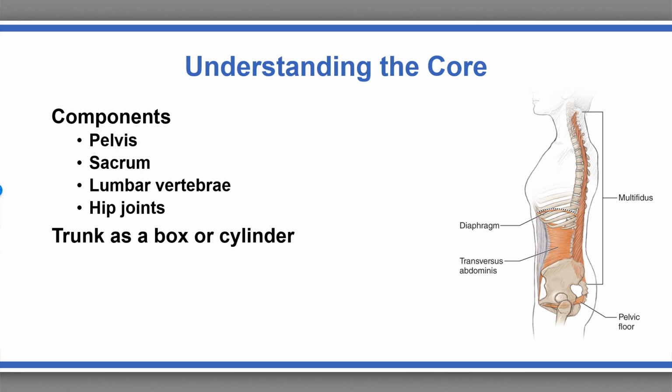The front of the box, or more anteriorly, you have the abdominal muscles, as you do on the sides as well. On the back is the paraspinals and the gluteals. In essence, when we are talking about core stability, we are really referring to the stability provided by the muscles in the pelvis and trunk, and that is going to facilitate functional movement.